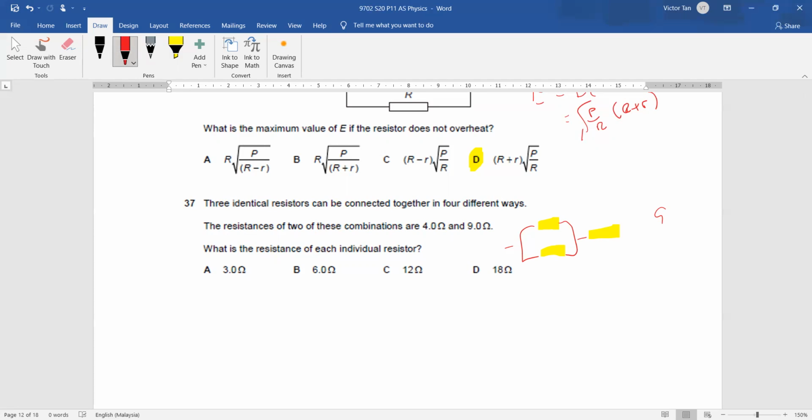It seems to be quite a challenge. 6, 6, 6, 6, 6. This is 9. What 4? 1 over 6 plus 1 over 6 plus 1 over 6 is 1 over 2. It's not 4.